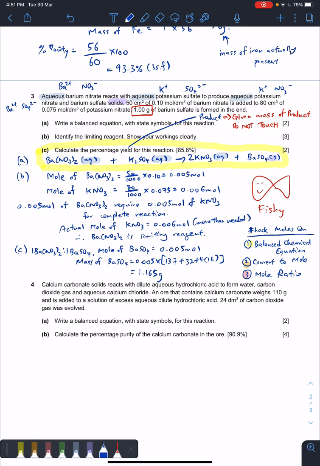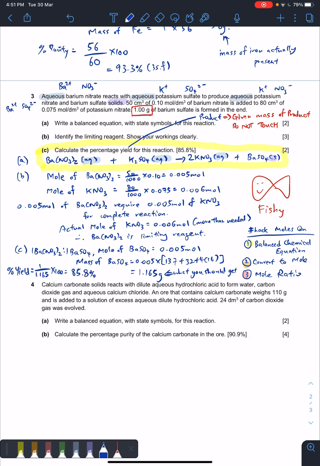So what does this mean? This means that this is what you should get. But we actually only have 1 gram. So percentage yield is 1 divided by 1.165 times 100, equal to 85.8%.